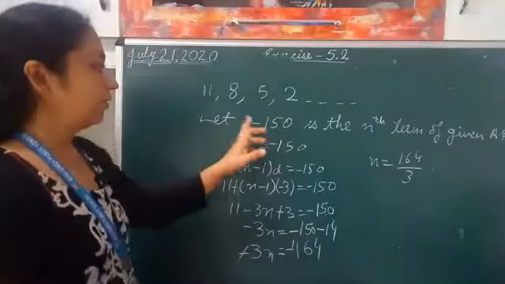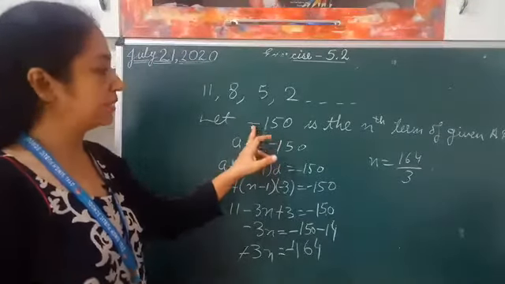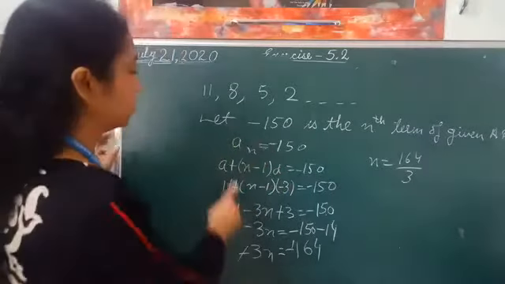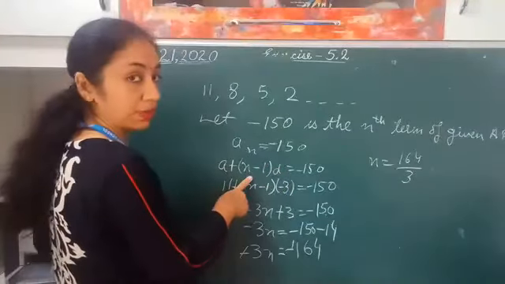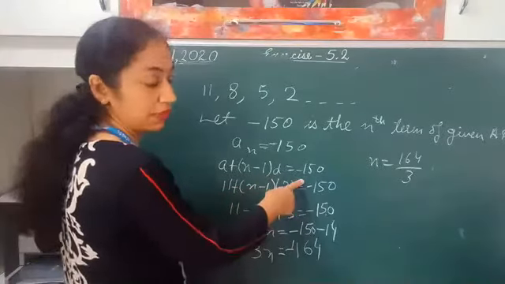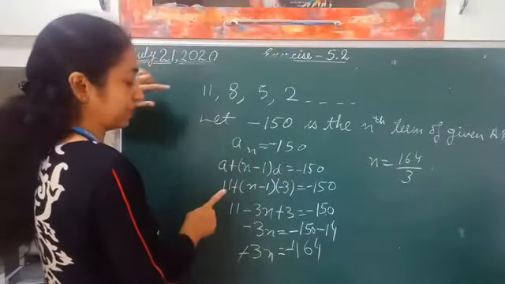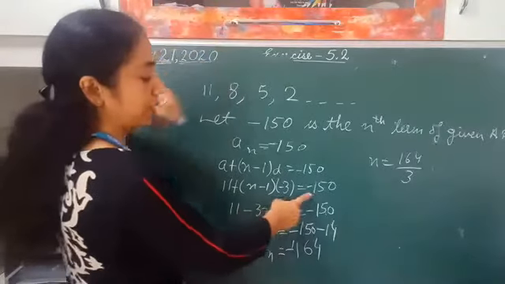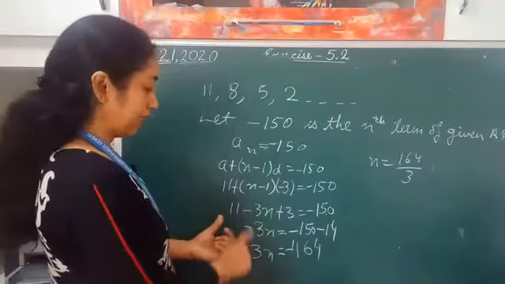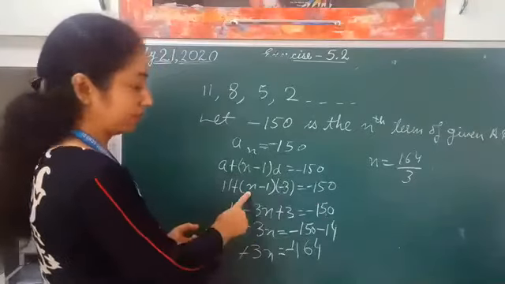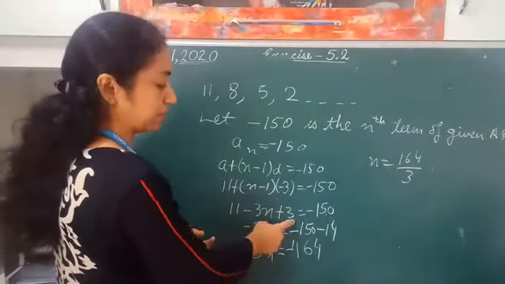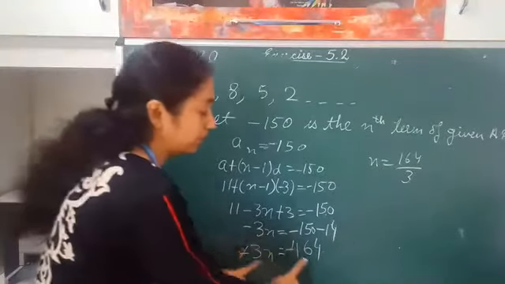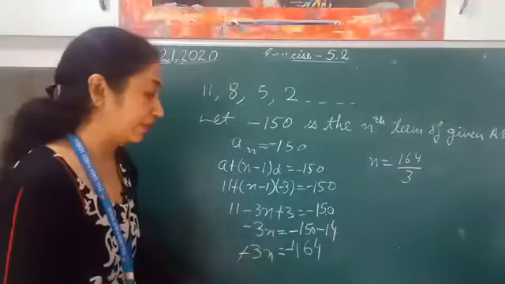Right? What we have done, we have taken let this is the nth term, means minus 150 is equal to an. हमने मान लिया कि उसके अंदर है. Right? So we are putting the value a plus formula put कर रहे हैं पहले. A plus n minus 1 into d is equal to minus 150. Then you are putting the values. A is 11 plus n minus 1 into d is 8 minus 11, minus 3, is equal to minus 150. Right? And 11 I have multiplied with this, minus 3n, minus minus plus 3 is equal to minus 150. 11 plus 3 is 14, and you are shifting this 14 on the other side, it will get negative.